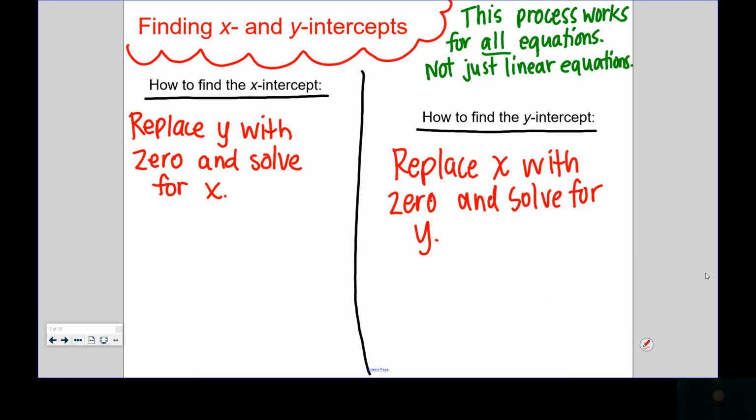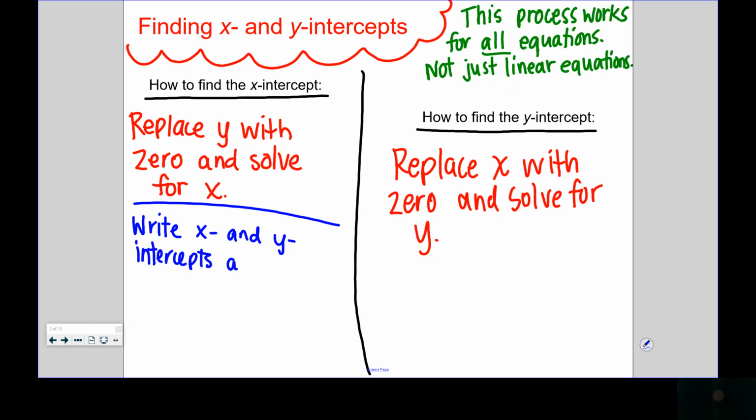Now, there's two different ways you can write x and y intercepts. It just depends on the textbook that you use. In our textbook, they're going to want the x and y intercept written as an ordered pair. So we're going to write x and y intercepts as ordered pairs.